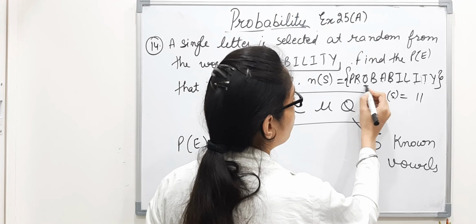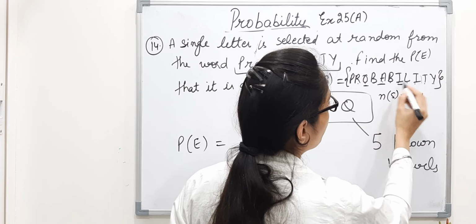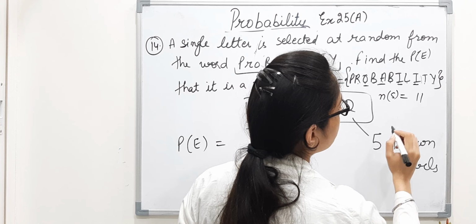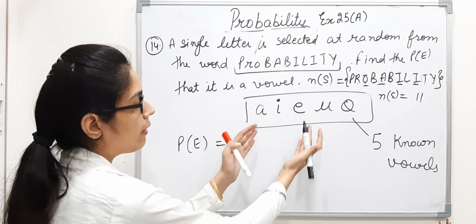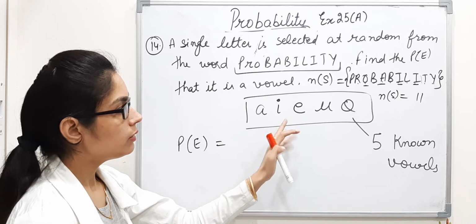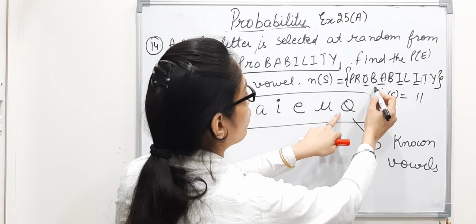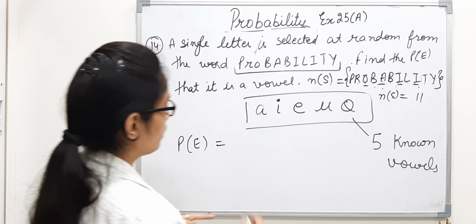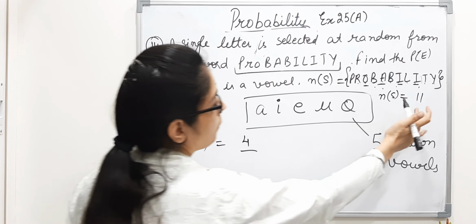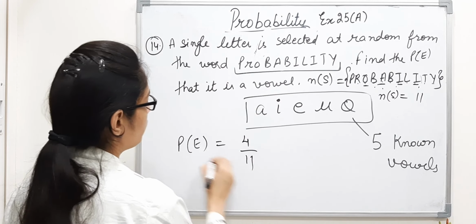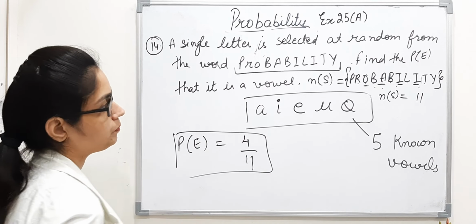So this is my vowel: 1, 2, 3, 4. So only 4 vowels are there. I can see A, it's there, O is also there, and I is there 2 times. So 4 by the total number of possible outcomes, which is 11. So it is 4 by 11.